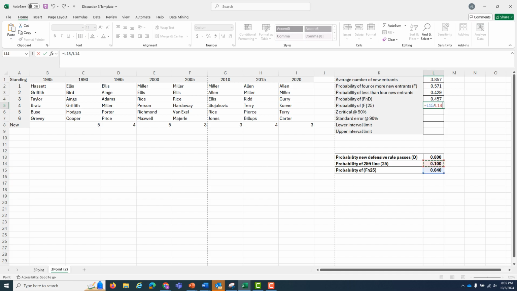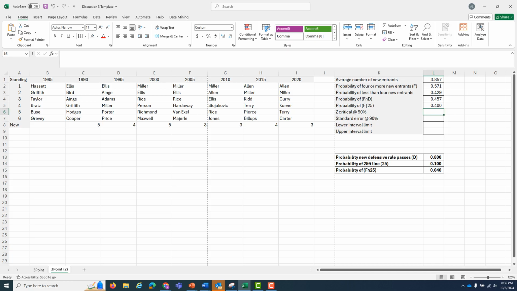And if the probability of F and 25 is 0.04 and the probability of the line moving back to 25 feet, or probability of 25, is 0.100, then the probability of F given 25 is 0.400. Which means that should the line move back, there's only a 40% chance that 4 or more new entrants enter the list, way below our historical precedent that we already obtained from the data, which means that that 25-foot line definitely is going to lower the chance that future basketball players can make it that far up on this all-time list.